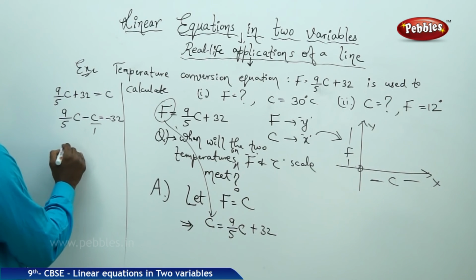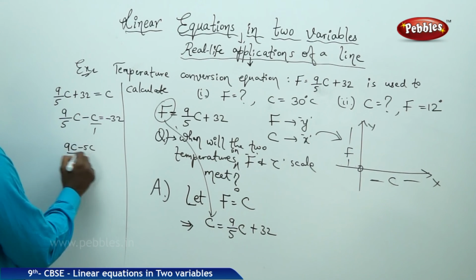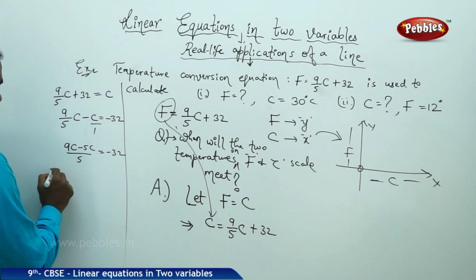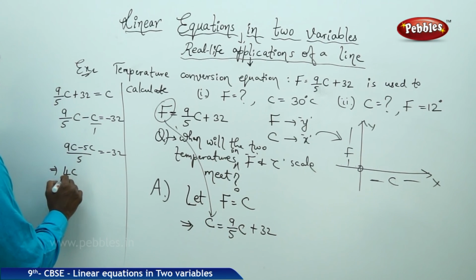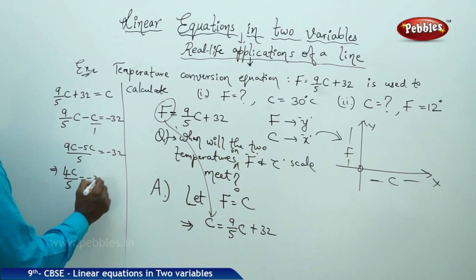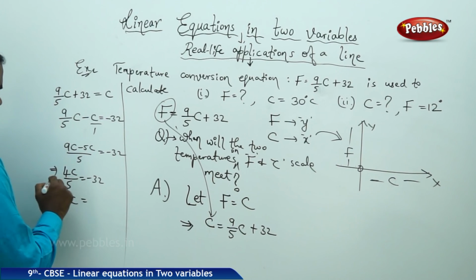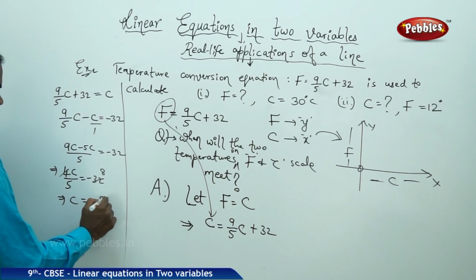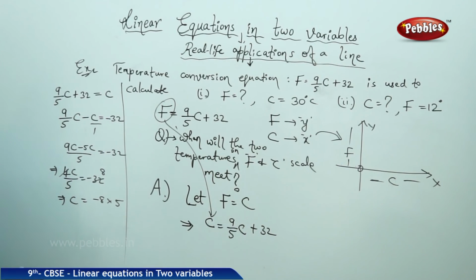So taking the LCM, we get this, which on further simplification gives 4c by 5 is minus 32. That implies c is minus 8 times 5.